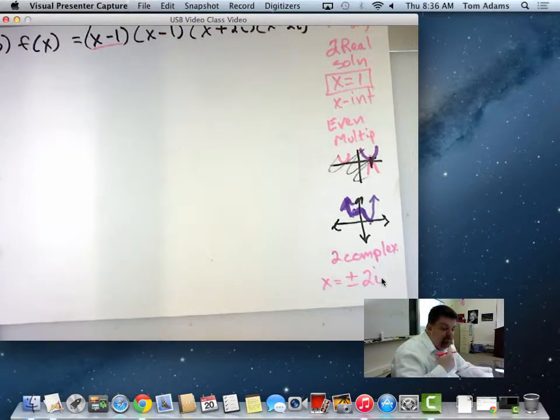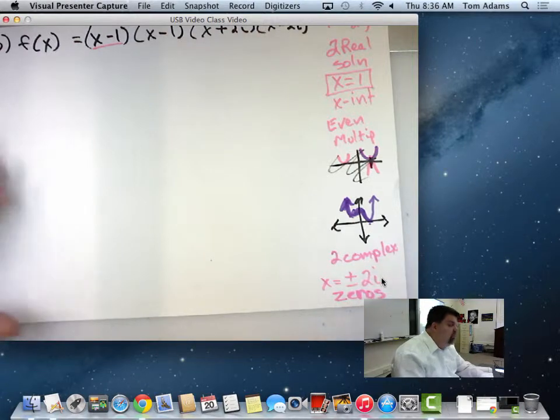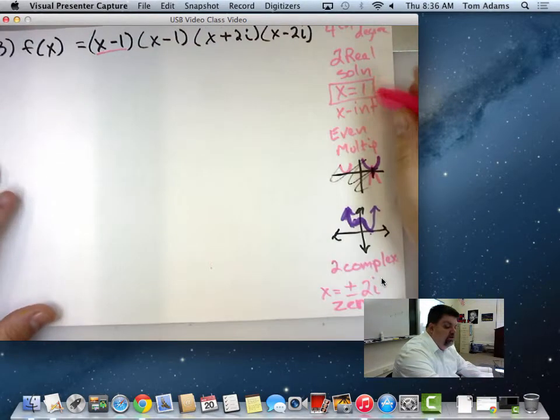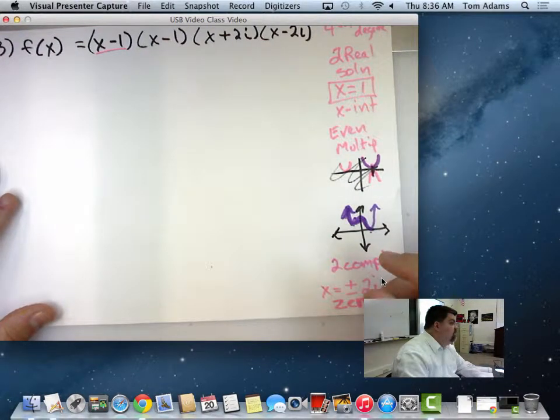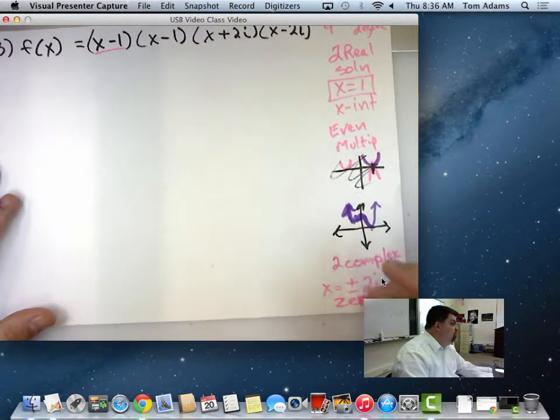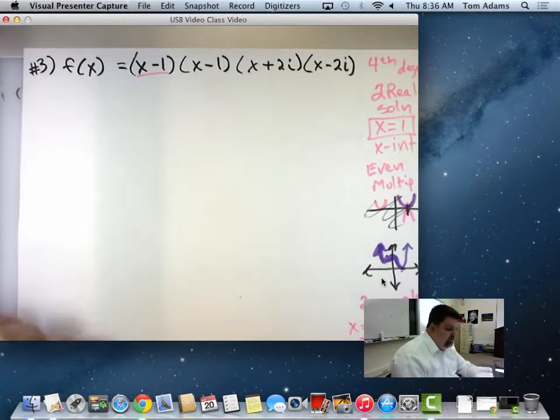So those are 2 separate complex zeros or solutions. Mr. Adams will say words like zeros or solutions or roots depending on what we're doing, but they all kind of mean the same thing. Most of the time when we deal with real numbers, the x-intercepts are the solutions, but with complex numbers, it's still a solution or zero. It's just not going to cross the x-axis, because it's not a real number.